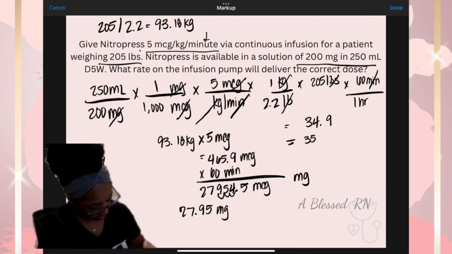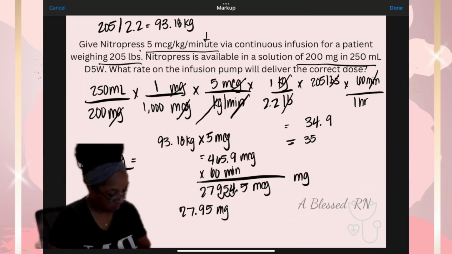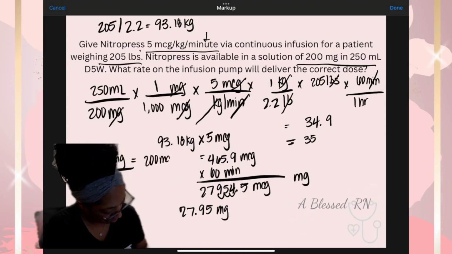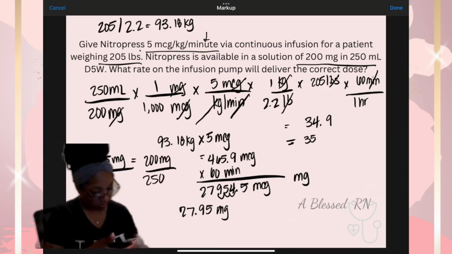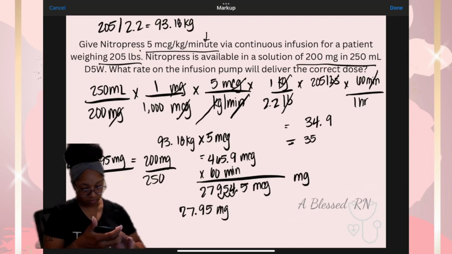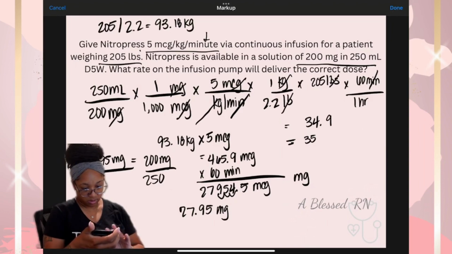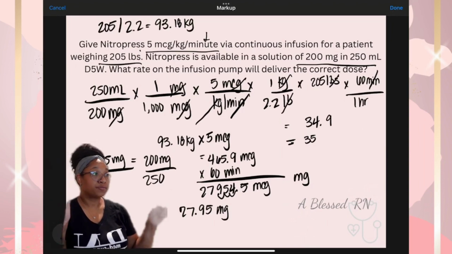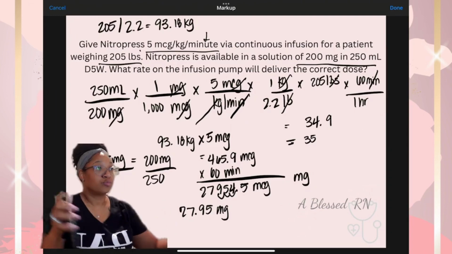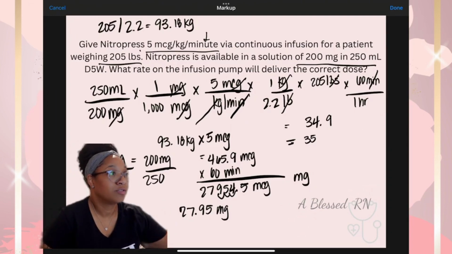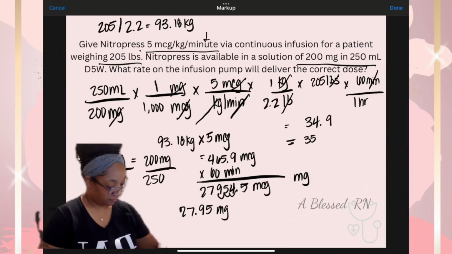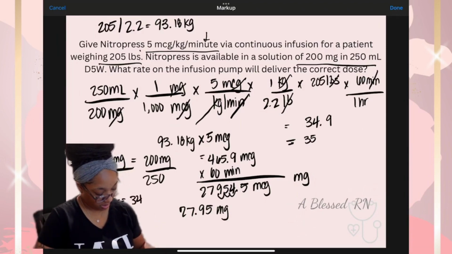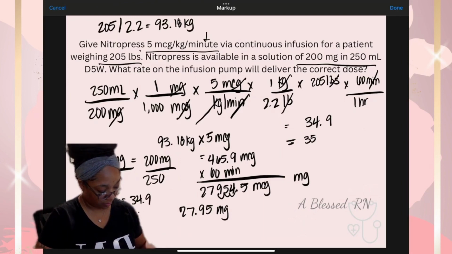Let's see if I can get what you got. 27.95 times 250 divided by 200, 34.9. So yeah, I got the same thing, 34.9. And well, 9375, but 34.9, and then of course that'd be 35.